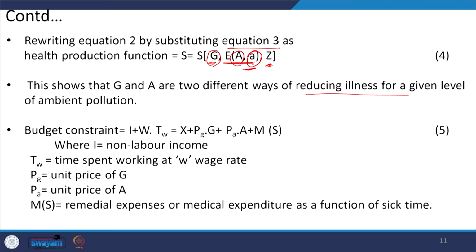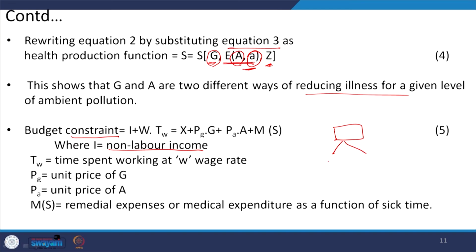Now the budget constraint would be, we need to take into account his non-labor income. Let us suppose the particular person in discussion has two sources of income. One is by utilizing his time and doing some work, and that is why he gets this wage.